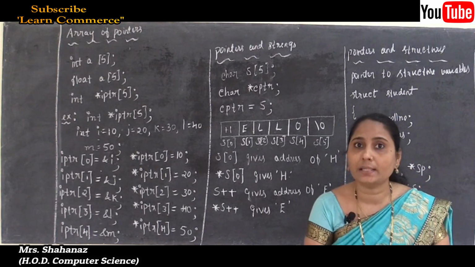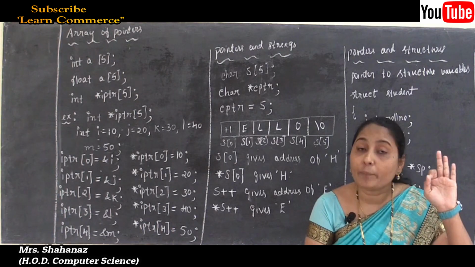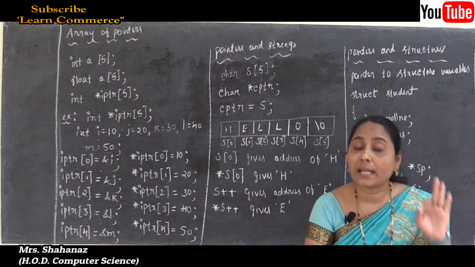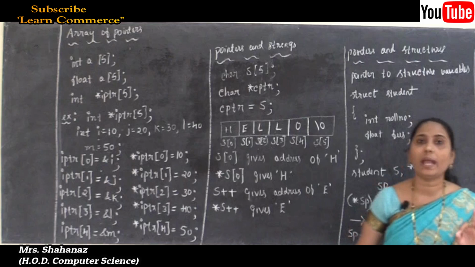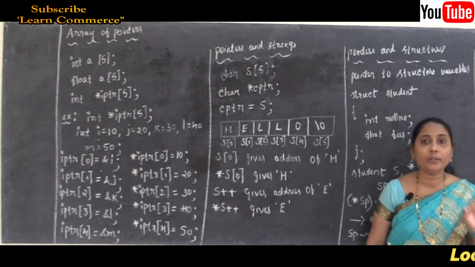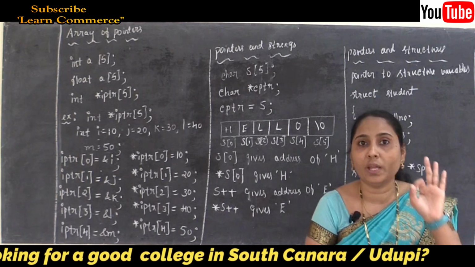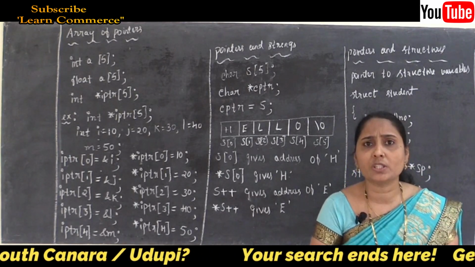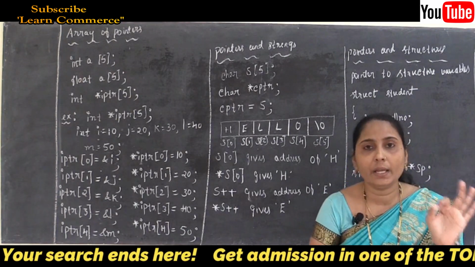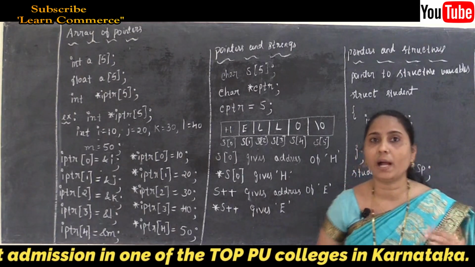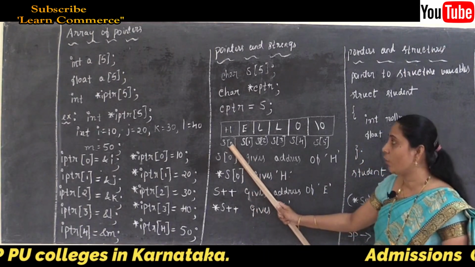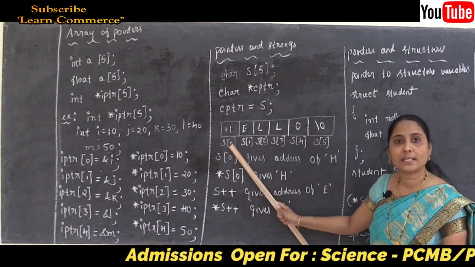So when the program is compiled, the compiler does not save the addresses of all the elements of the array, but only saves the name of the array. The meaning is very simple. The name of the array, s of 0, gives the base address of the array.